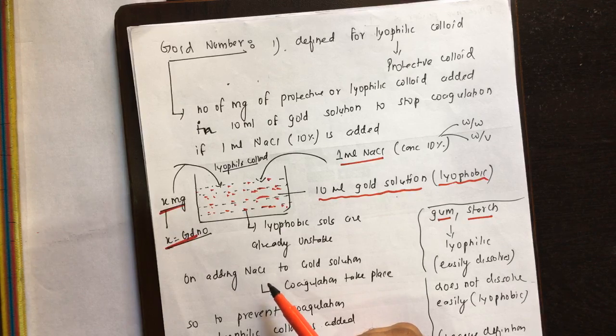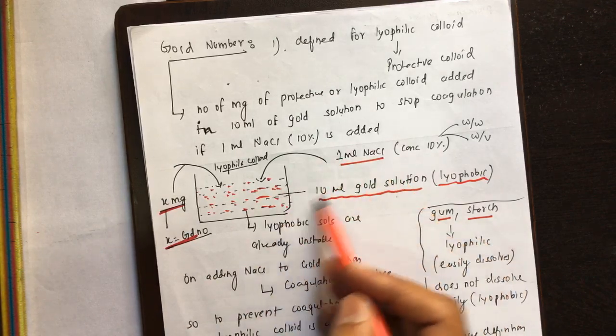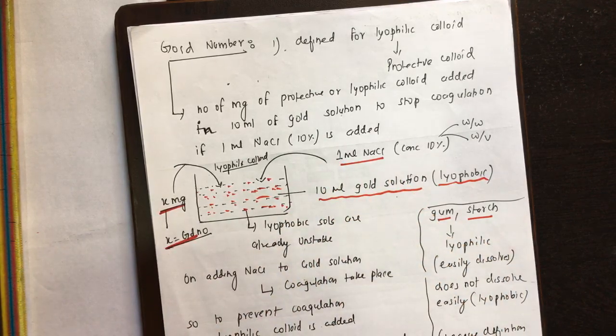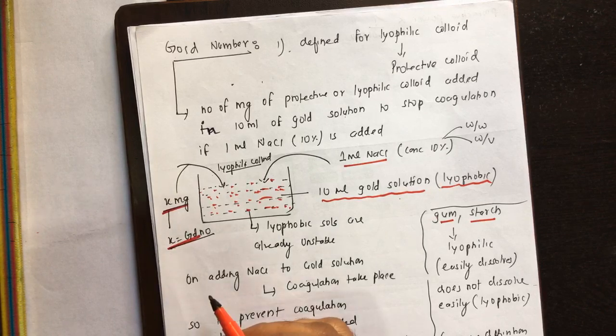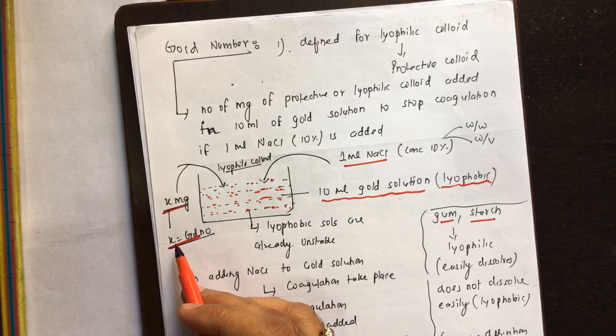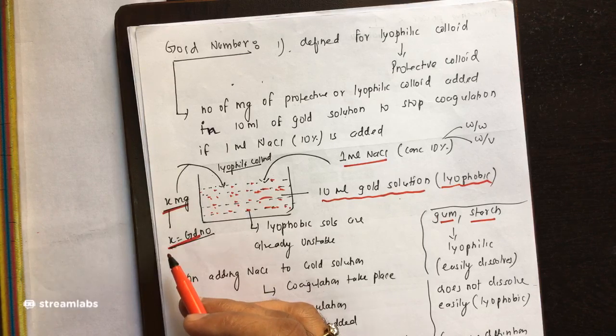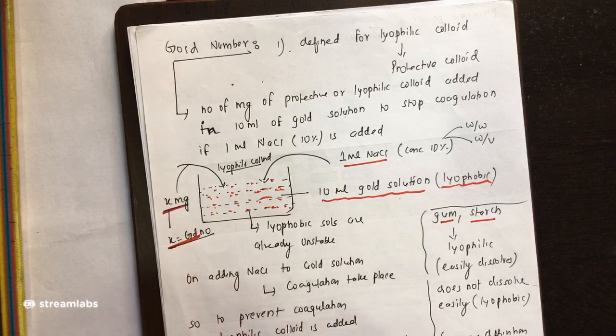Now, when you add this, the gold solution will get coagulated. In order to prevent the coagulation, what we are adding is lyophilic colloid. This lyophilic colloid will prevent the coagulation. So how much do you add?